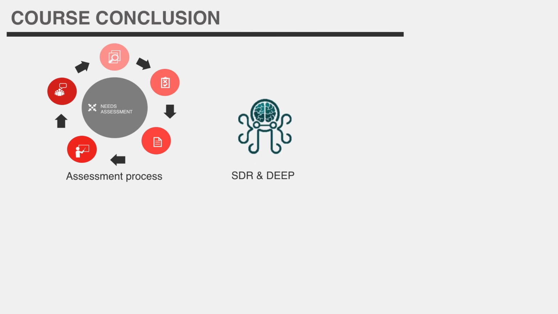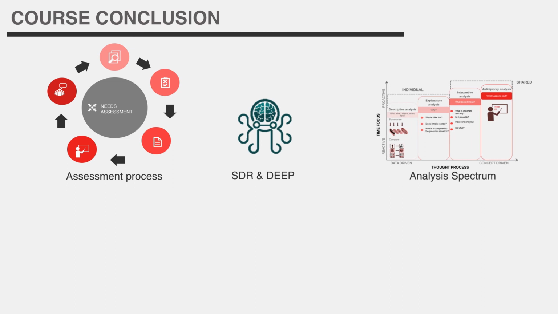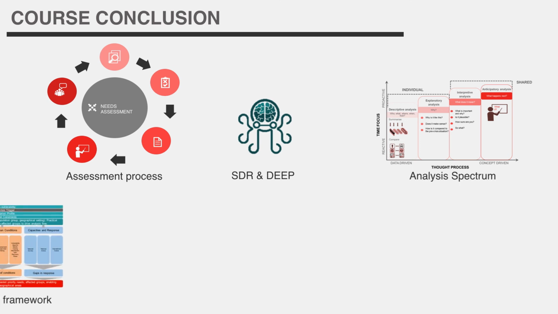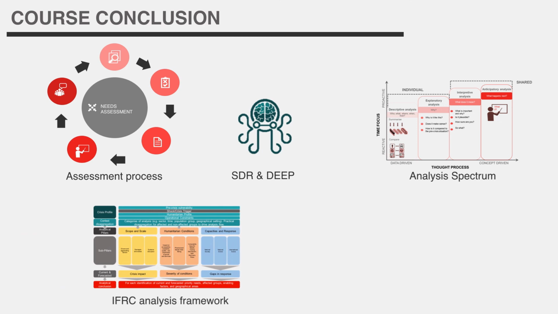Needs analysis is a crucial part of this process and consists of different steps, some of which are done individually, others jointly. An analysis framework is a good tool for structuring the data and will help us move from descriptive to anticipatory analysis. Secondary data review is a crucial step to take before, during and throughout the assessment cycle.